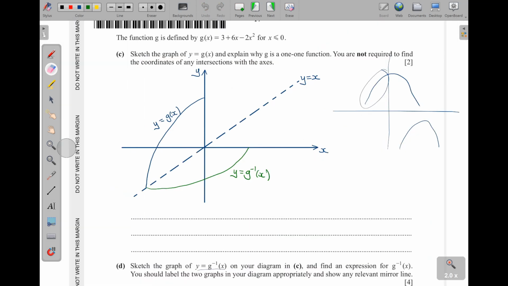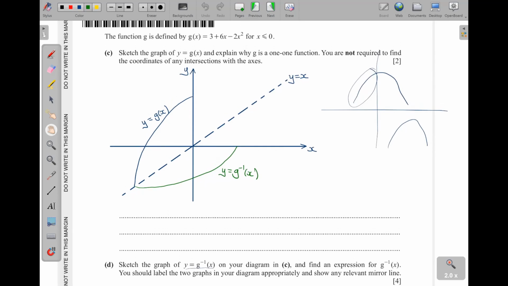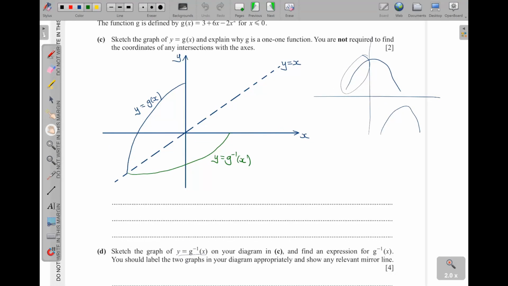So now here they are telling us to explain why G is a one-to-one function. So G is a one-to-one function because every value in the domain is assigned to one value in the range.